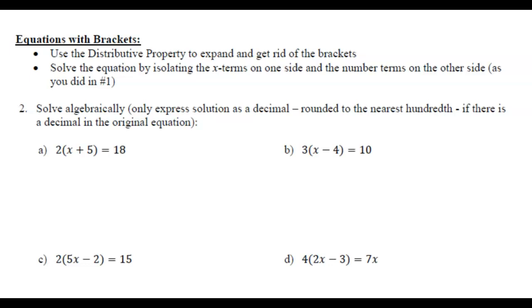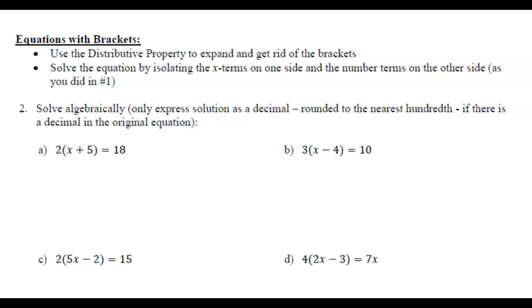So it says use the distributive property to expand and get rid of the brackets. There are times where you could divide right away by that number outside of the brackets, but it doesn't always work. If it doesn't go in to the number on the right, then it's really hard. So the best practice, so that you can do the same method for all equations with brackets, is to get rid of the brackets.